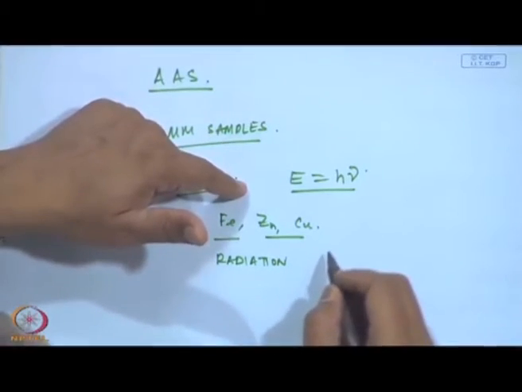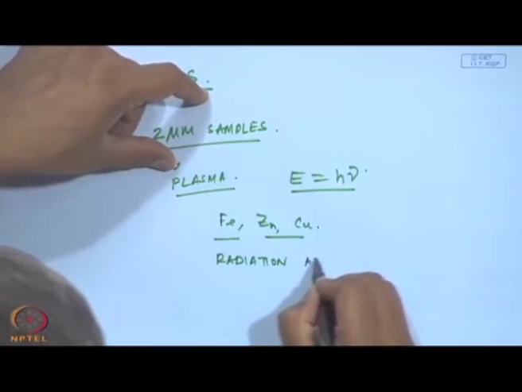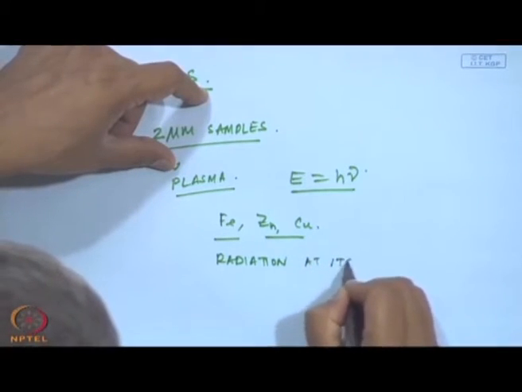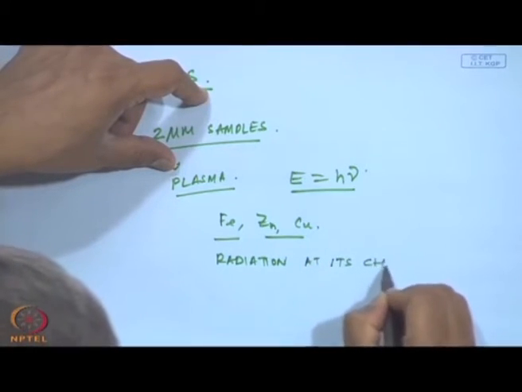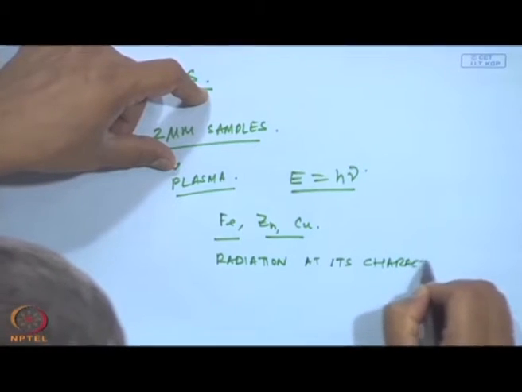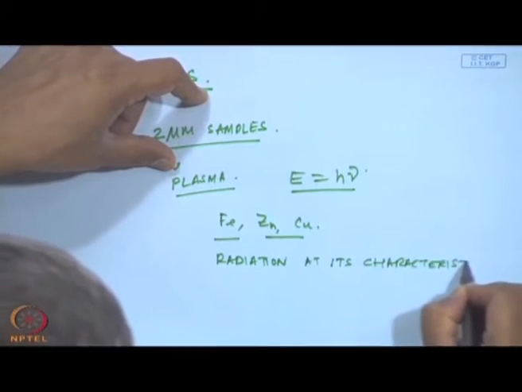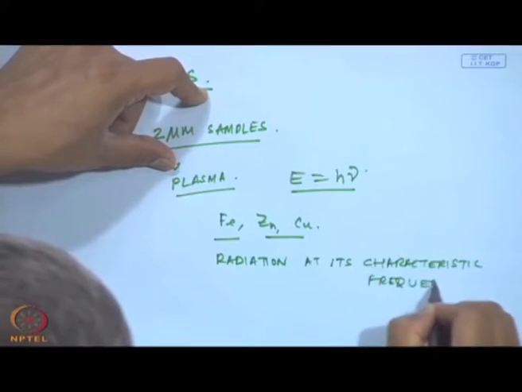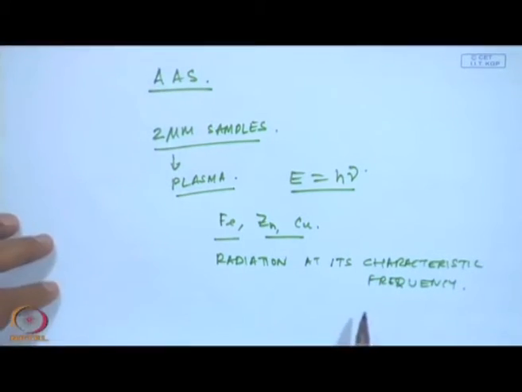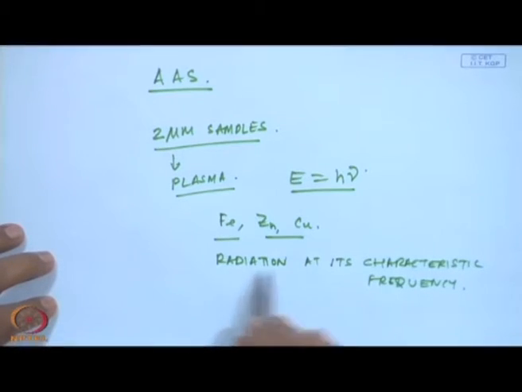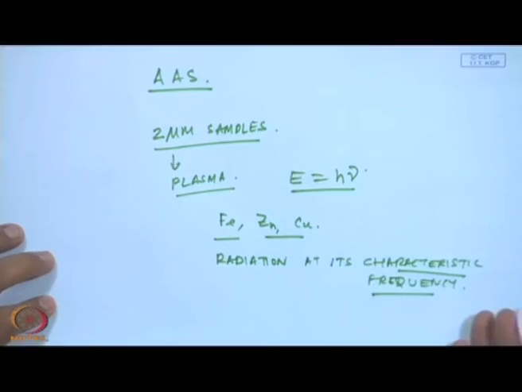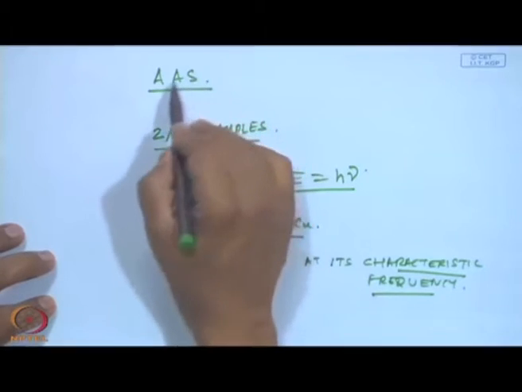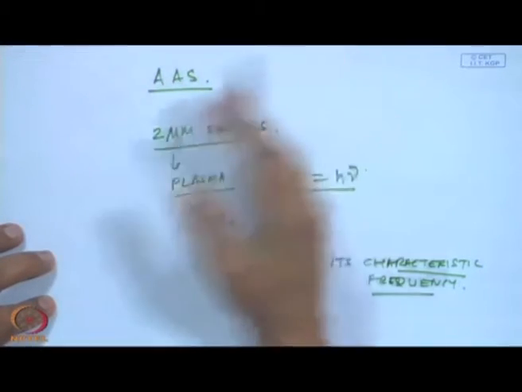The same is true for zinc and the same is true for copper. Each radiates at its characteristic frequency. So, all I have to do is, at that characteristic frequency, measure the intensity of the radiation, and that is what is done through an atomic absorption or emission spectrum.